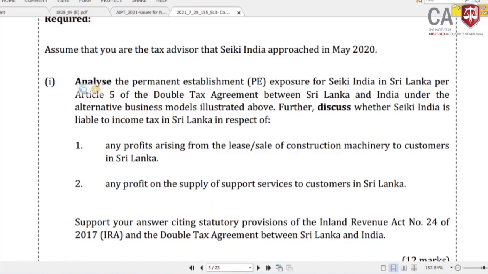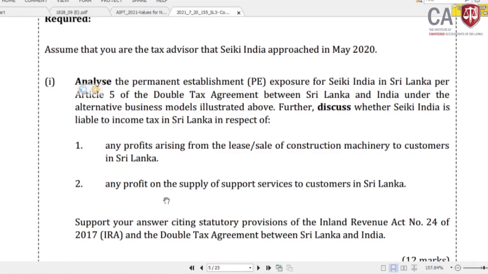The 2 options are there. Any profits arising from the lease or sale of construction machinery to customers in Sri Lanka. This is one option. Second option, any profit on the supply of support services to customers in Sri Lanka.